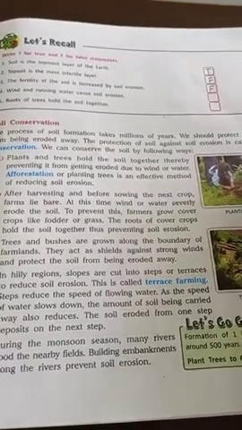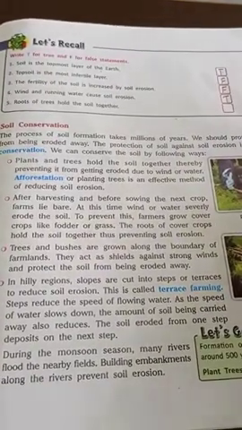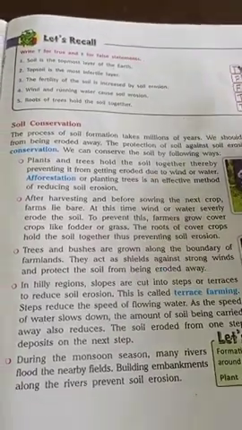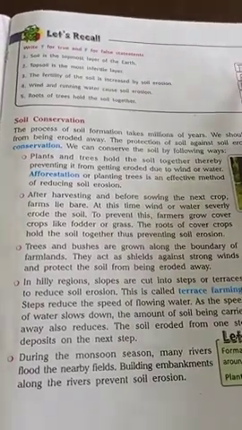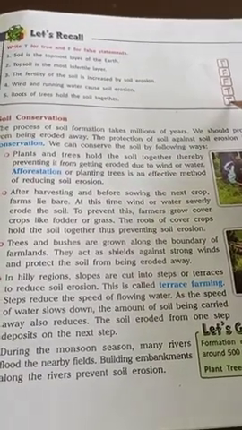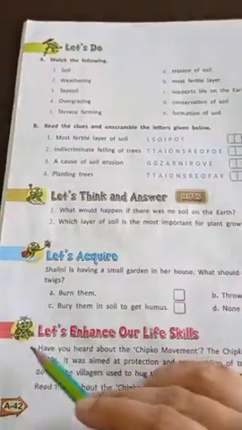Yes, it is true. Next is roots of trees hold the soil together. Yes, it is also true. Number 1 is true, number 2 is false, number 3 is false, number 4 is true and number 5 is also true. Now turn the page and come to page number 42.